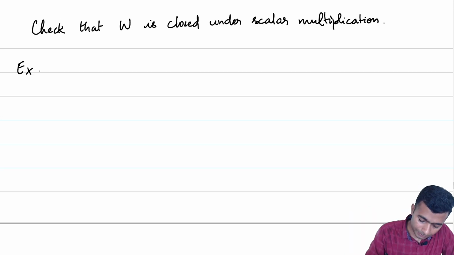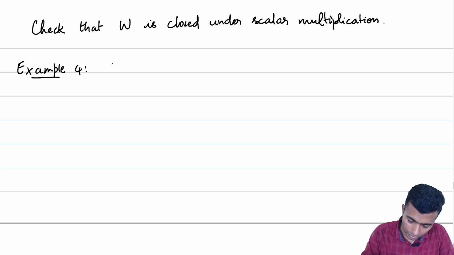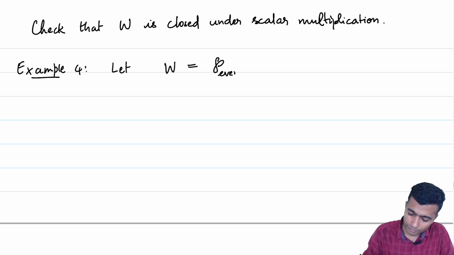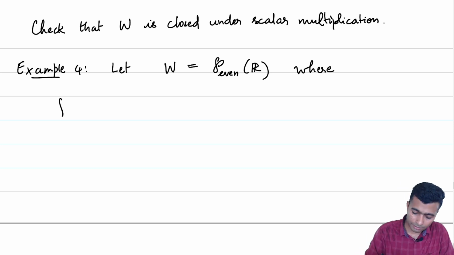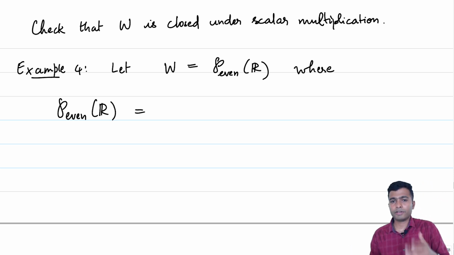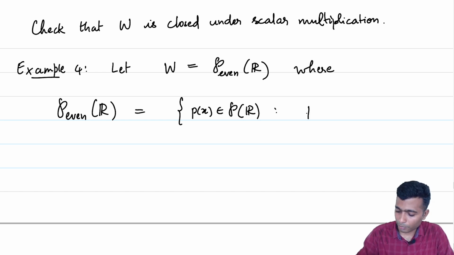Next example, example 4. Consider the subspace W. So, let W be equal to P even of R, where P even of R is the even polynomials, the set of all polynomials in P of R which satisfy the following property: P of minus x is also equal to P of x.